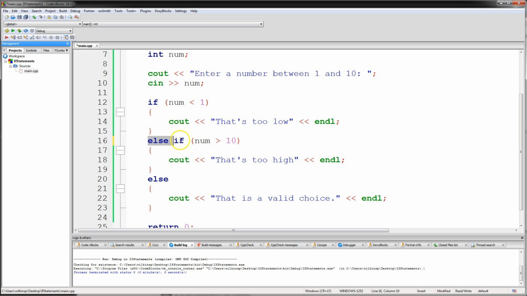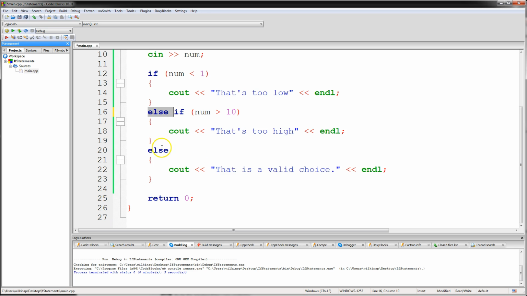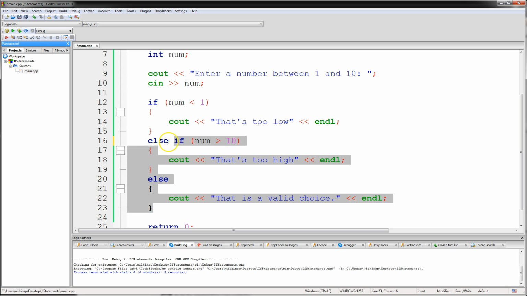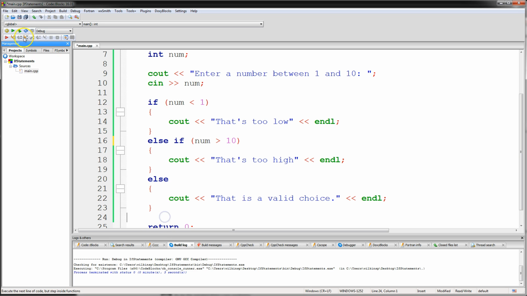If it's true, we do that. And if this if is false, then this else is tied to this if. So we have kind of this if statement with an else that leads into another if statement, which then leads into an else. So now, since all of this is part of this else, if we trigger this condition, we don't do any of the other options.